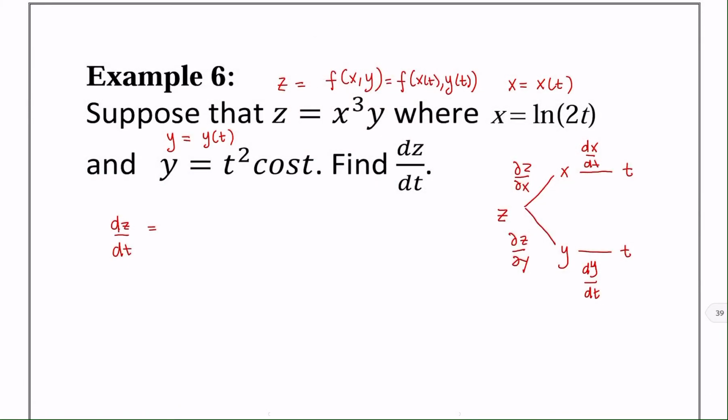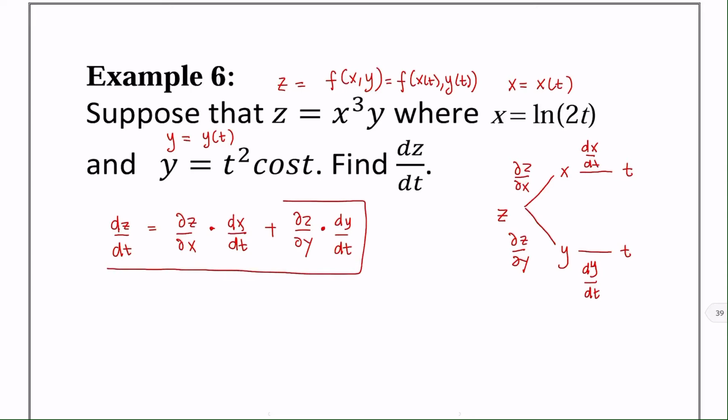So we can just write del z del x multiply with dx dt plus del z del y multiply with dy dt. Now we will use this. Therefore, we need to find all the values here.